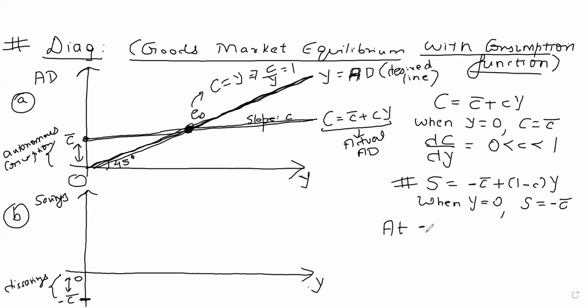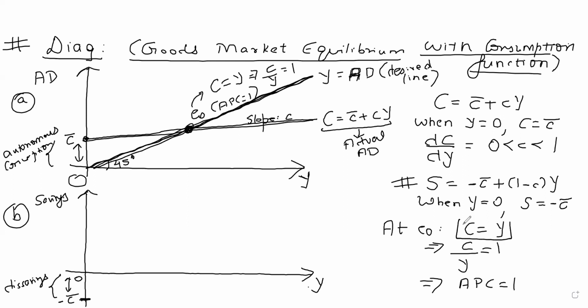So at the point E0, APC is equal to 1. If consumption is equal to income, it means savings is equal to 0, because income is consumption plus savings. So if consumption and income are equal, savings is 0.